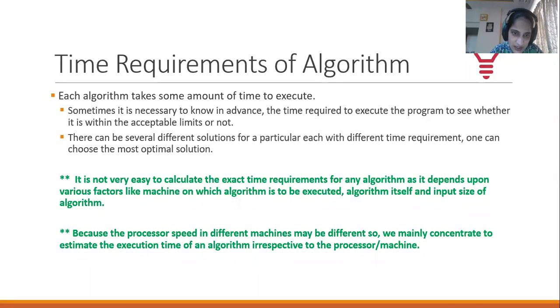Here also, the time is going to be different for the first one and the second one. So that's why when we talk about time analysis, it is not very easy, because in many scenarios it can differ, since the processor speed in different machines may be different.